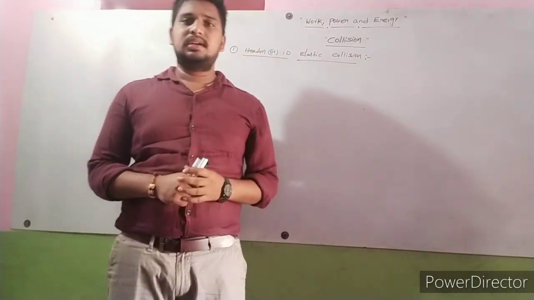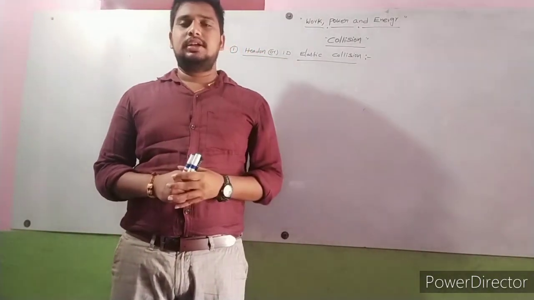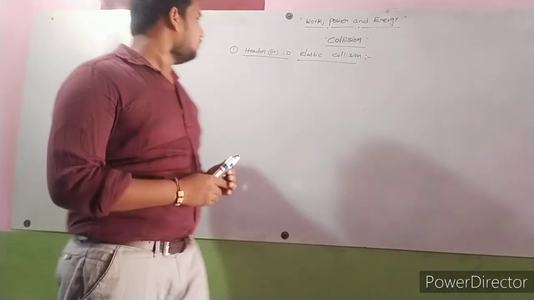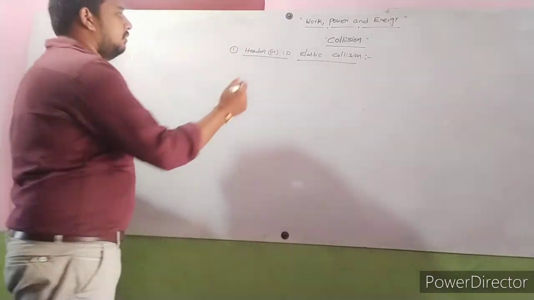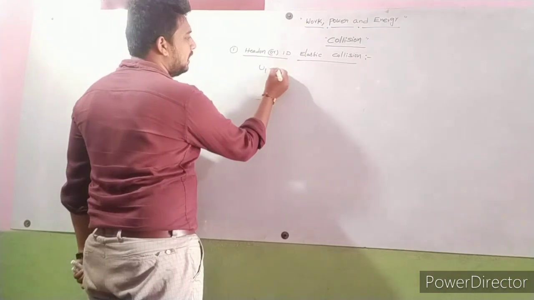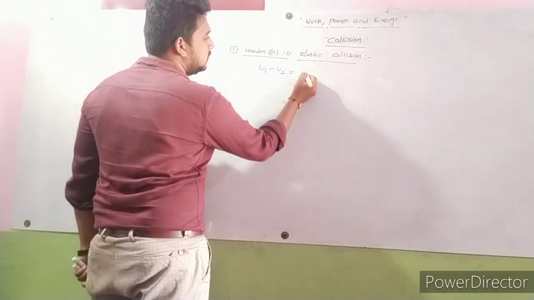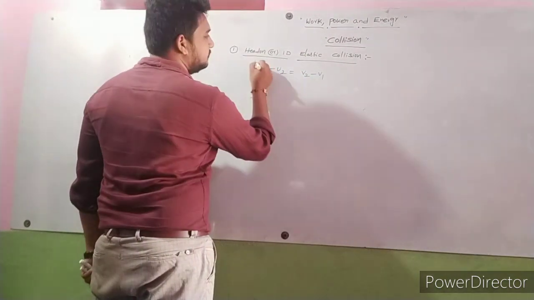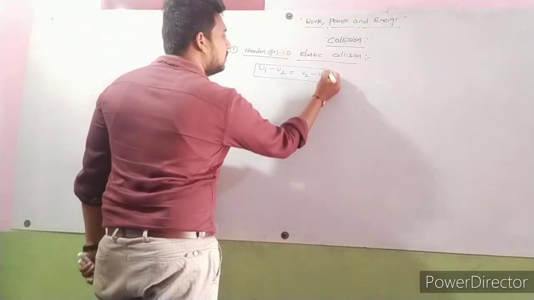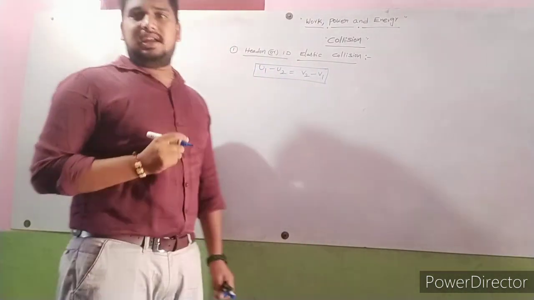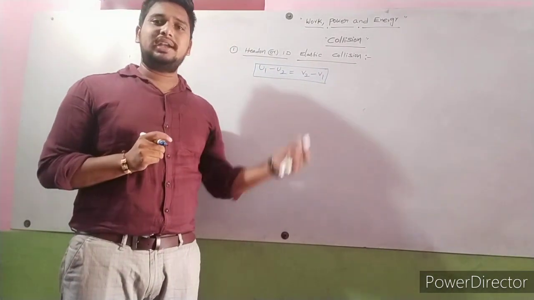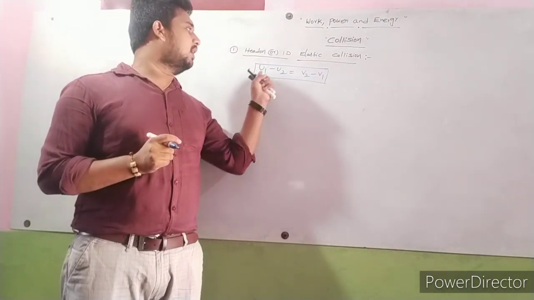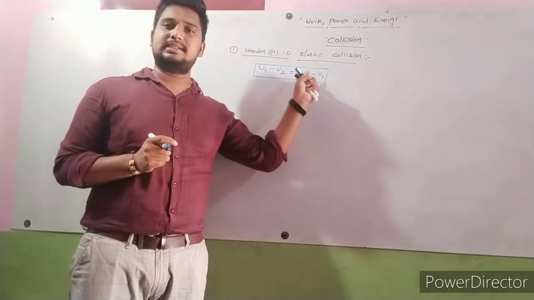Well, continuing my lecture on the topic of collision, here we got the equation u1 minus u2 is equal to v2 minus v1. From the last lecture we got this equation, u1 minus u2 is equal to v2 minus v1.